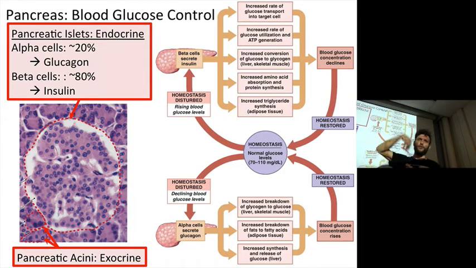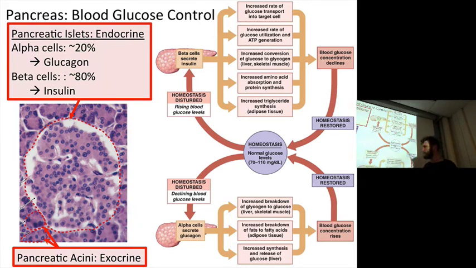So insulin leads to a whole series of anabolic processes. We see this with carbohydrates, proteins, and fats right here. All right, so this slide could be a nice overview for those students, and then you would talk about each of these in a little bit more detail with them. And then that's going to ultimately lead to a reduction in blood glucose level, and we'll come back to homeostasis.